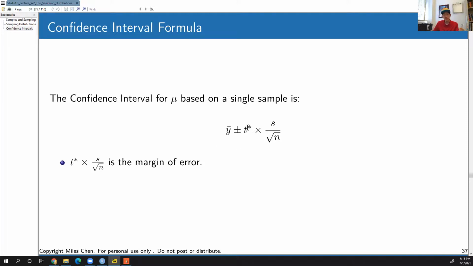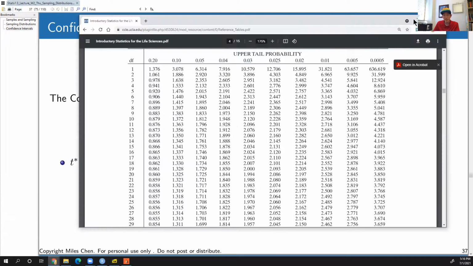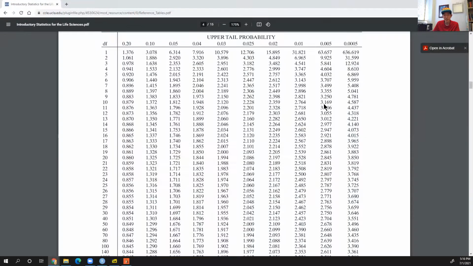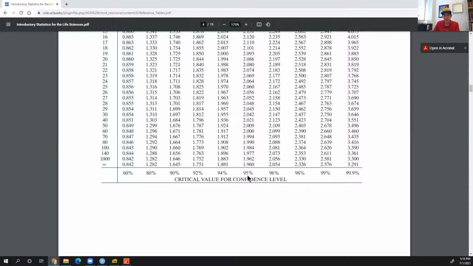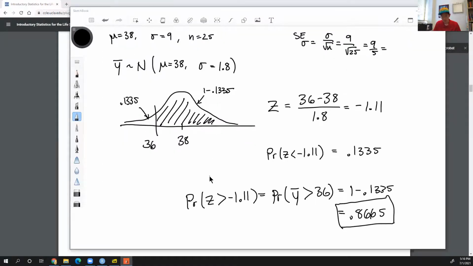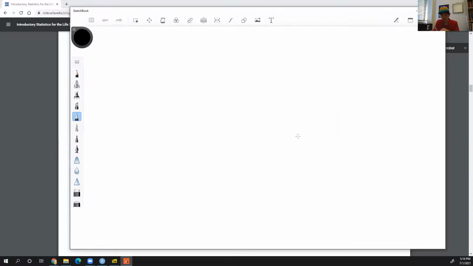If we take everything into consideration, we make this formula. So what are the numbers at the top? This will come in later when we do t-tests. At the bottom, we have 95%, and that's because you can imagine shading in the middle 95%.